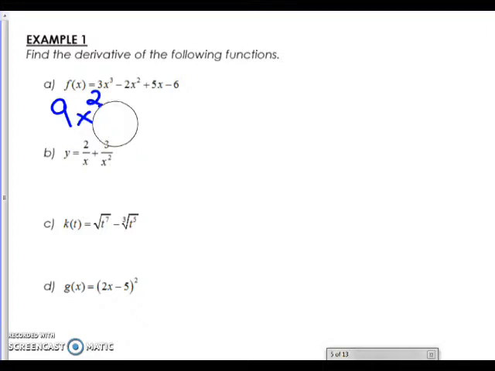Let me rewrite that. So we have a minus 4, copy the variable, reduce the exponent by 1, but 2 minus 1 is 1, so I don't need to write that. And then I have a plus 5. And notice that if there is a constant term at the end, that minus 6, when you take the derivative, you don't have to worry about it. So there's my final answer.